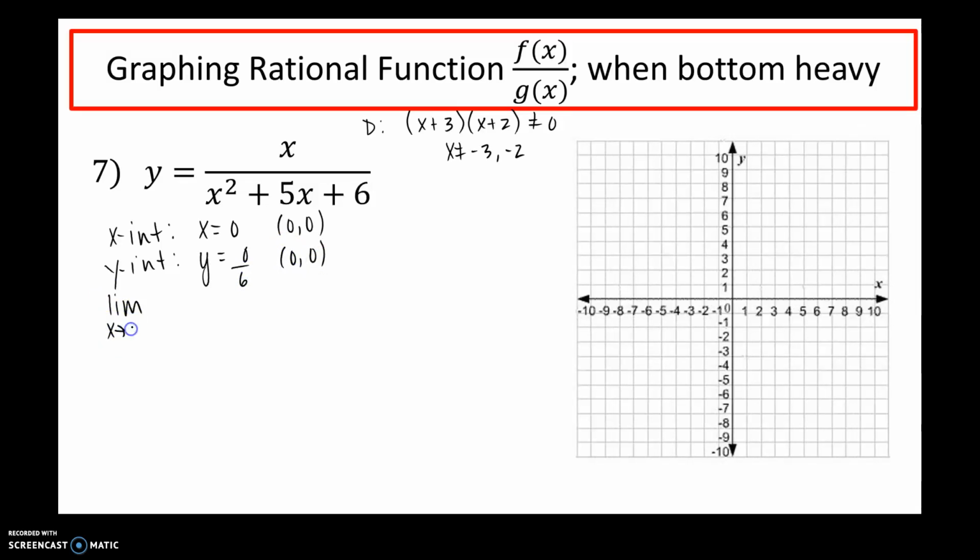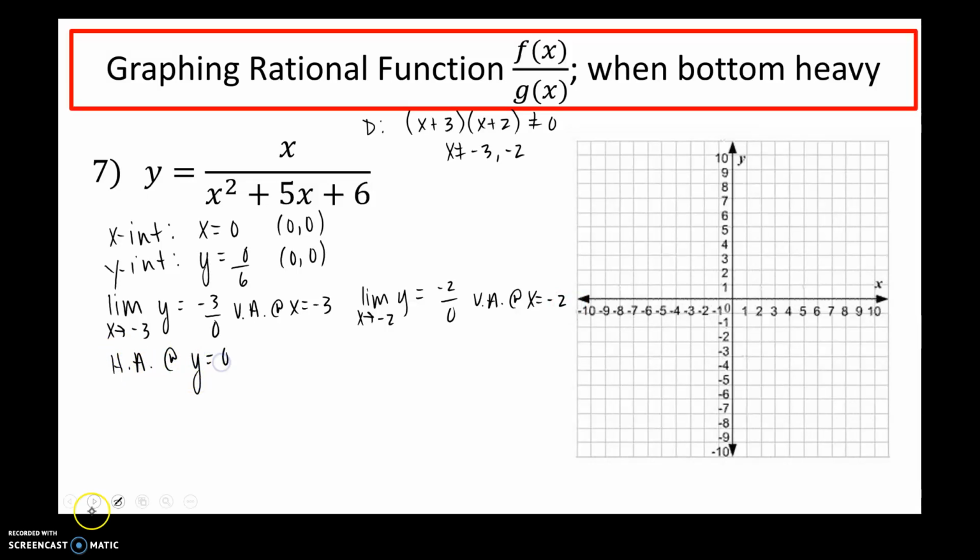Limit as x approaches negative 3 of my function, that would give me negative 3 over 0. So there's one vertical asymptote. Limit as x approaches negative 2 of my function, that would give me negative 2 over 0. So there's another vertical asymptote. These are really close. We know we have a horizontal asymptote at y is equal to 0 because it's a bottom heavy function.